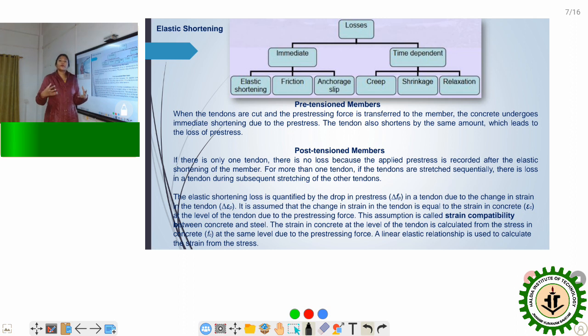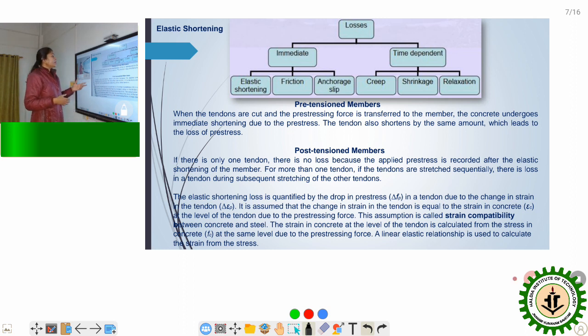The concrete is already placed, cured and hardened, and only then are the tendons stressed. For pre-tension members, the bonding between the concrete and the pre-stressing steel occurs through bond stress, and for post-tension members, the bonding between the concrete and the pre-stressed tendons occurs through bearing, right?